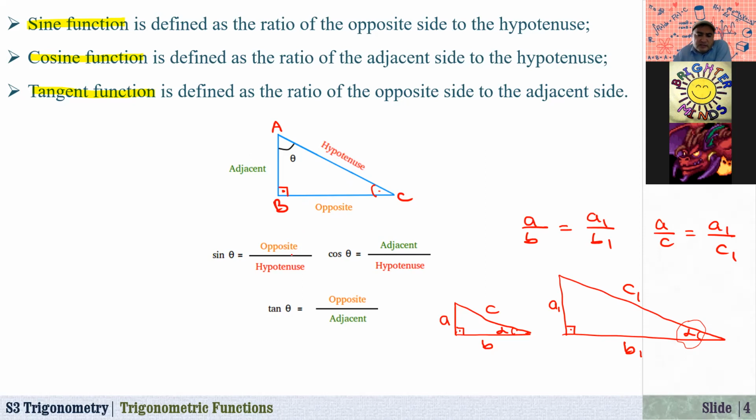This ratio we are giving a special name because as long as you keep this angle the same, this ratio is always the same, regardless of the size of this triangle. But if you change this theta, at that time this ratio also changes. And since keeping this theta and angle B and angle C the same, if you make any new triangle, it may be a very huge triangle, but this ratio remains unchanged.